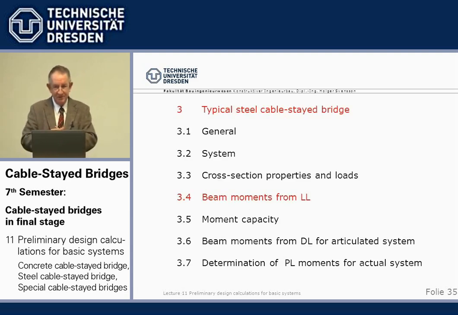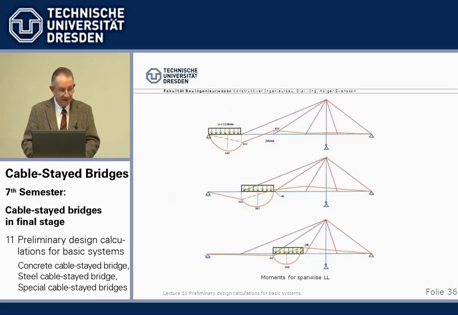We go a different way here, roundabout, as in concrete. We start by calculating exactly the beam moments from live load by loading the bridge span-wise, in this case with the pedestrian UDL.